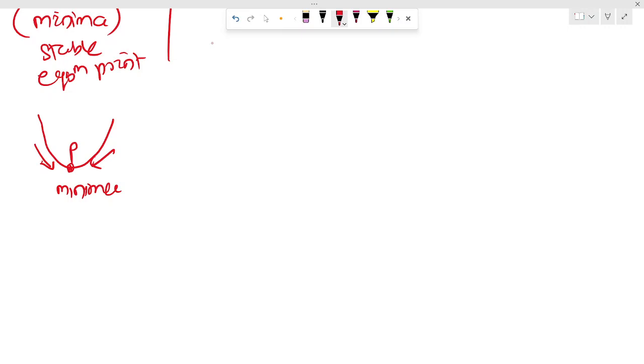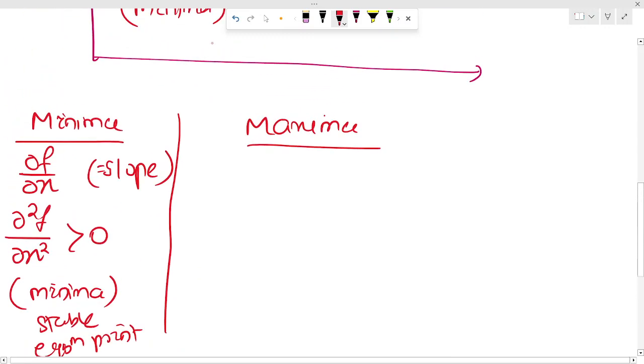Why am I saying it is a stable equilibrium point? If this is the main position and here is a ball that moves around, the particle will come back to the point P, regaining its original position for minima, but in case of maxima it doesn't regain its original position.